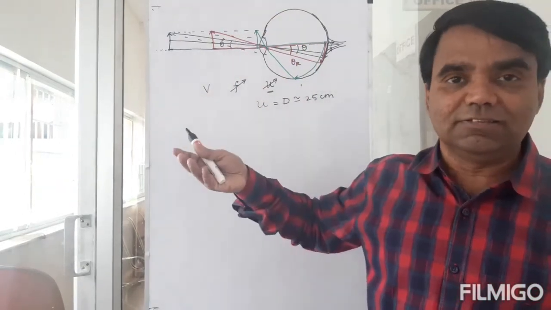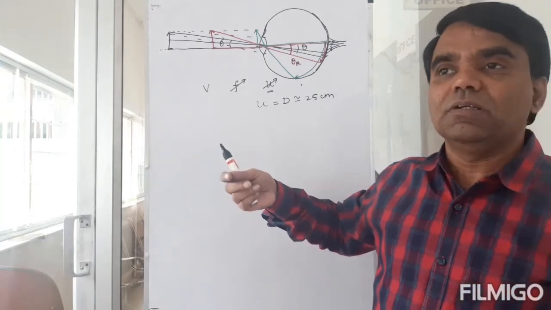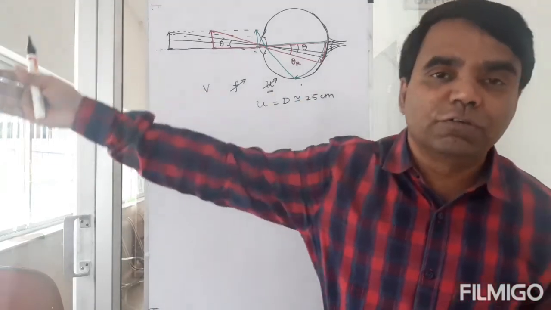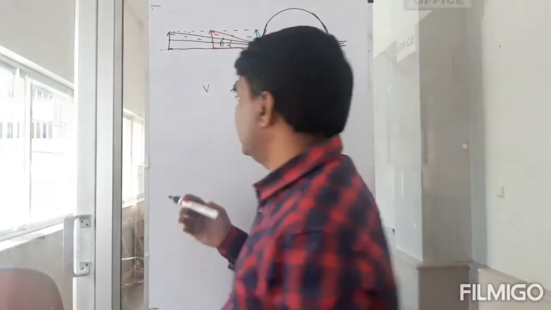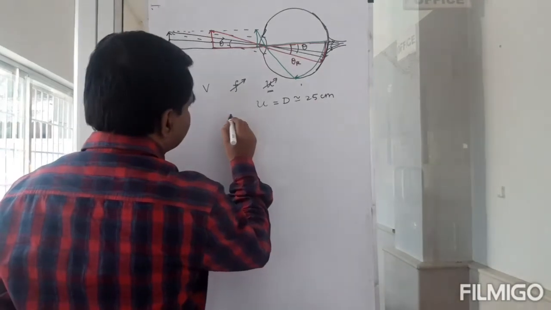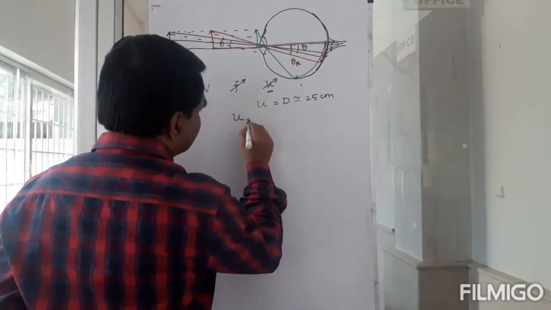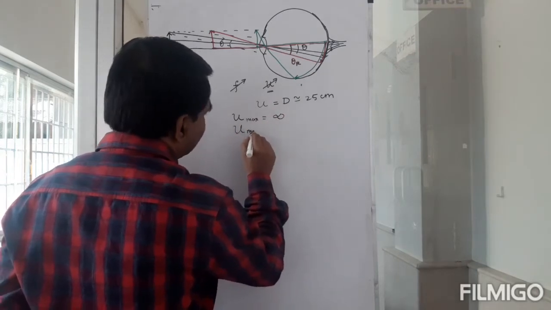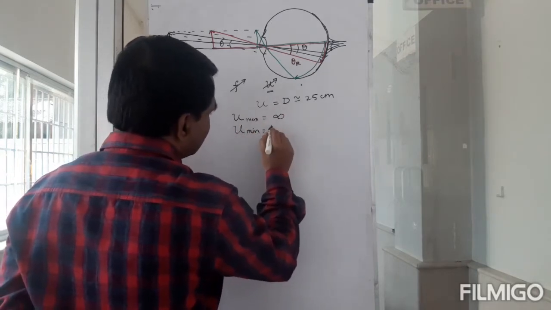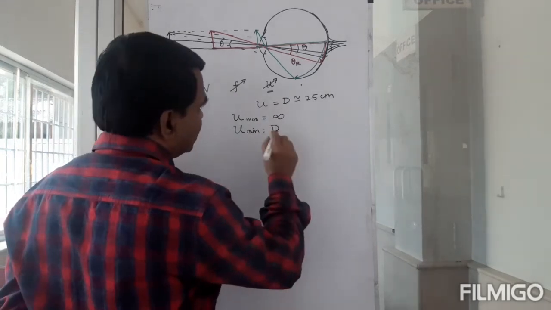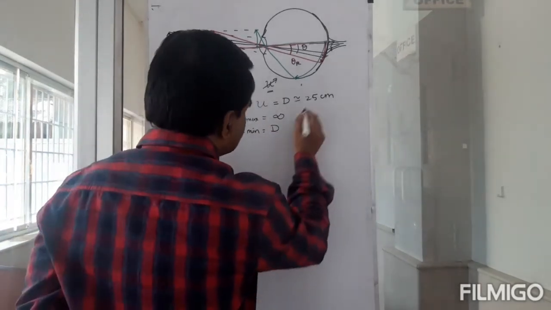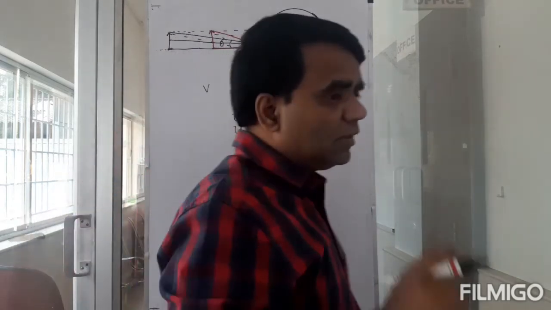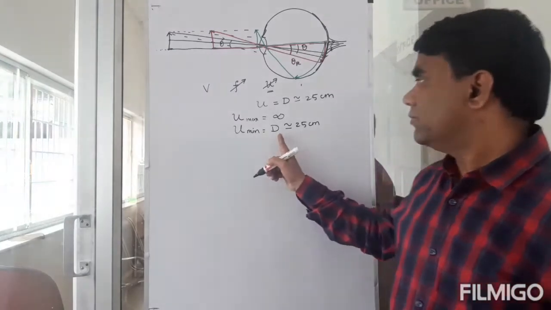So I can say that the upper bound for my u is infinity. U max is equal to infinity. And u minimum is what I call d, which, as I said, is approximately equal to 25 centimeters.